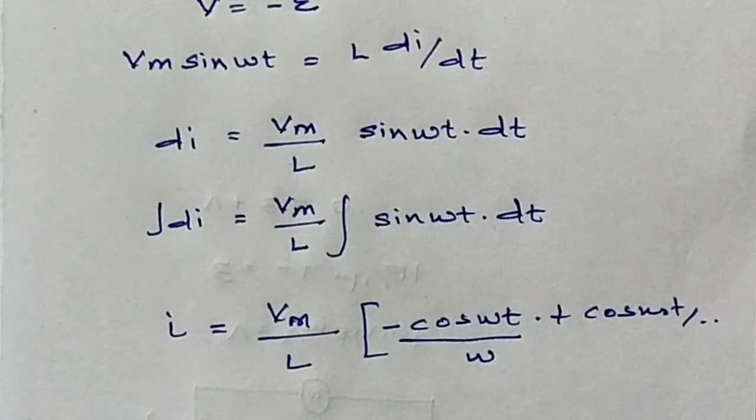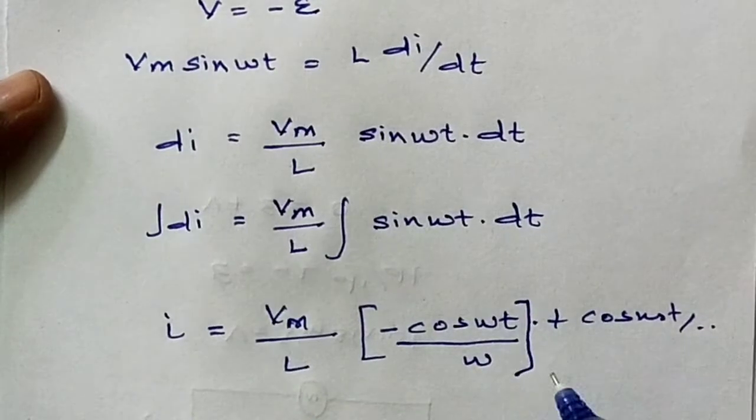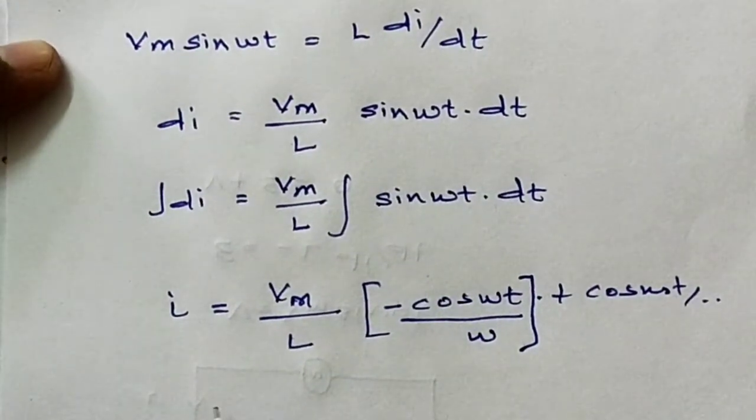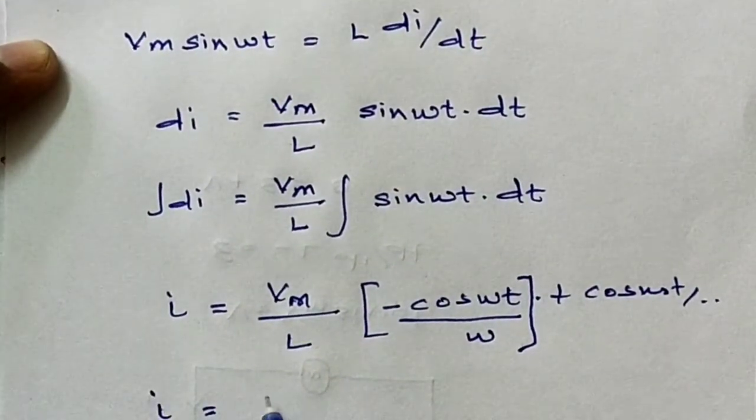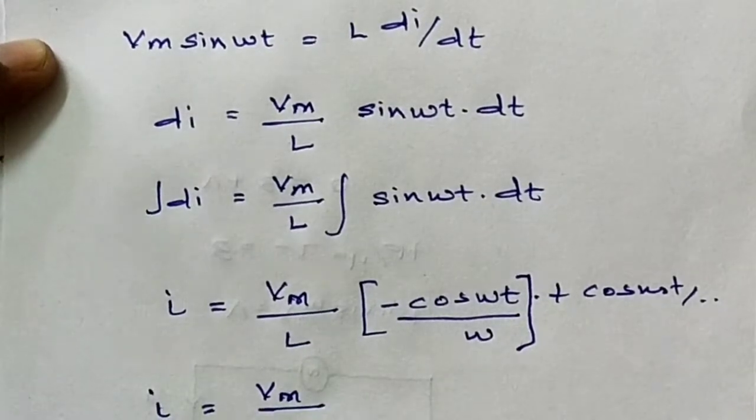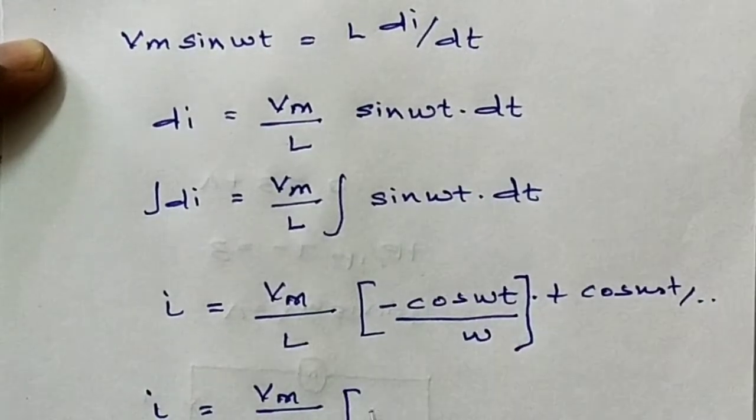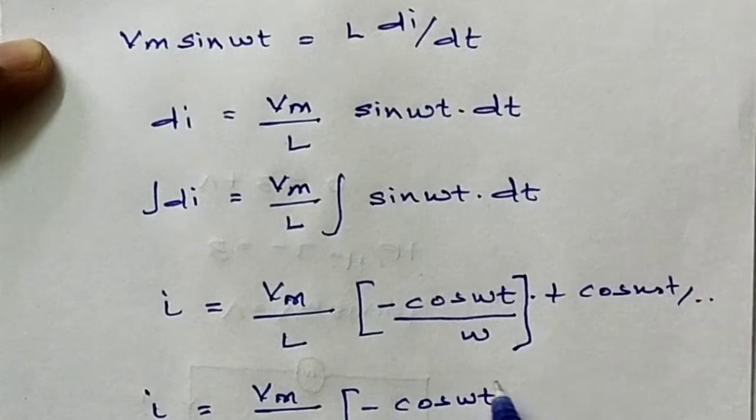The integration constant is independent of time, so that constant is 0. Rearranging, I equals Vm by omega L into minus cos omega t.